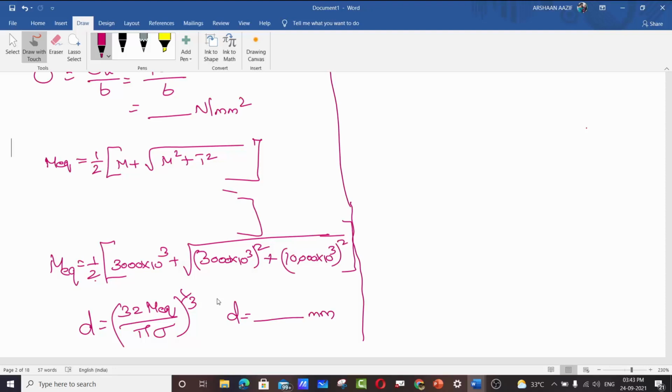So if you get, say, 31.12, you should not round it off to 31, you should round it off to 32, because you need at least 31.12 mm of diameter so the material will not fail.